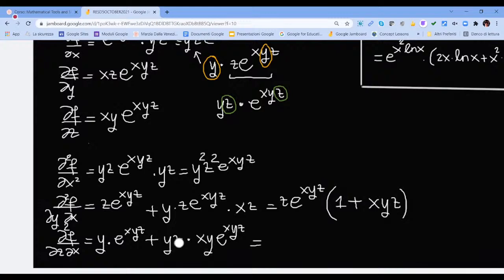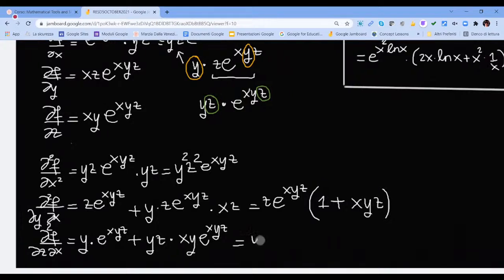Now we can take out as a factor everything that these terms have in common. And then rewrite xyz. As you can see, it is the same piece. Only we have y and z that are different.